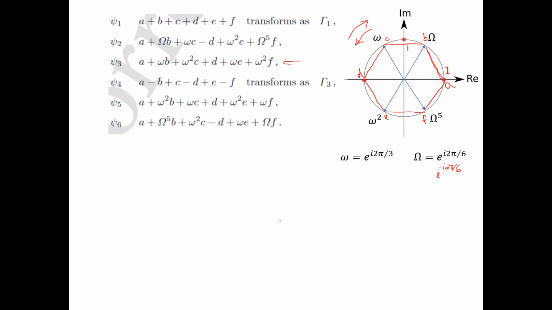So it's reasonable to guess that psi 2 and psi 6 should belong to the same irreducible representation, because, as I said, they are just the wave function going around one way or going around the other way, and the same for psi 3 and psi 5. And you can guess that psi 1 transforms like gamma 1, and psi 4 transforms like gamma 3.